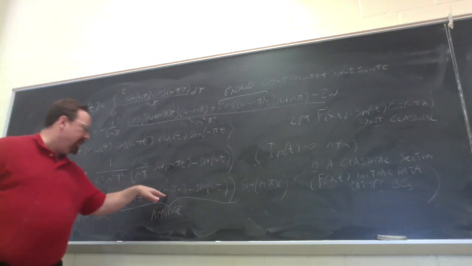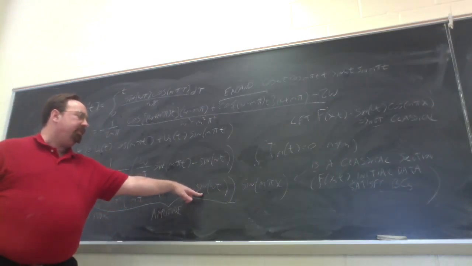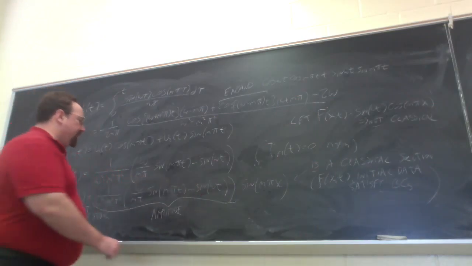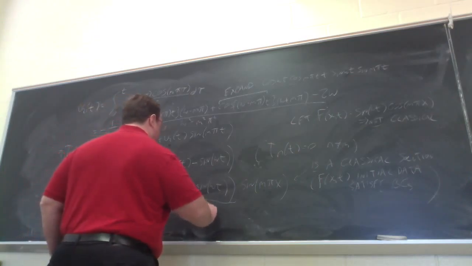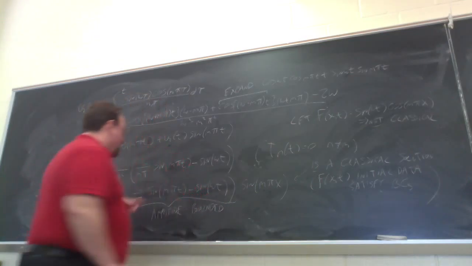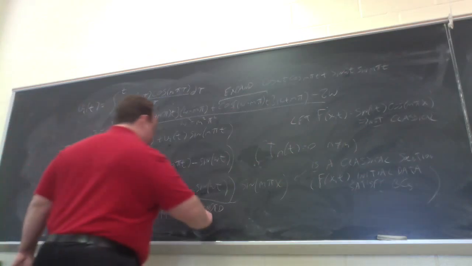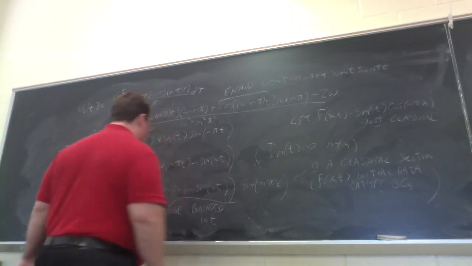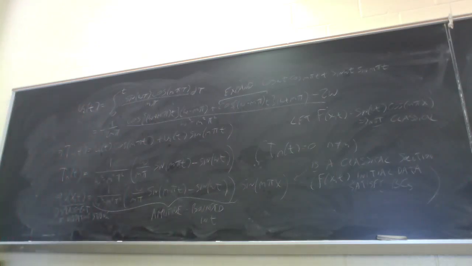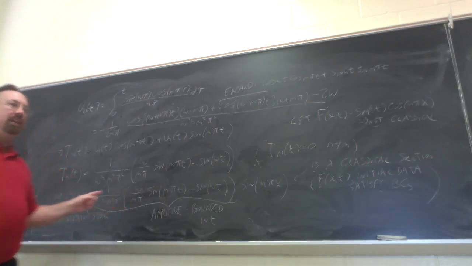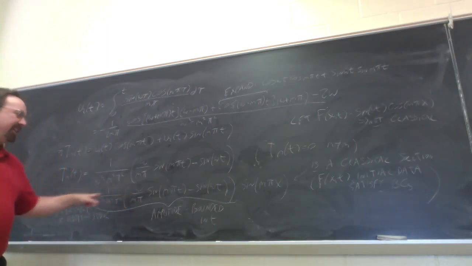Well, this part has period m, and this part is periodic with period omega. But the point is, it is bounded, because the parts that depend on time oscillate between plus and minus 1. And we have these harmless factors here.